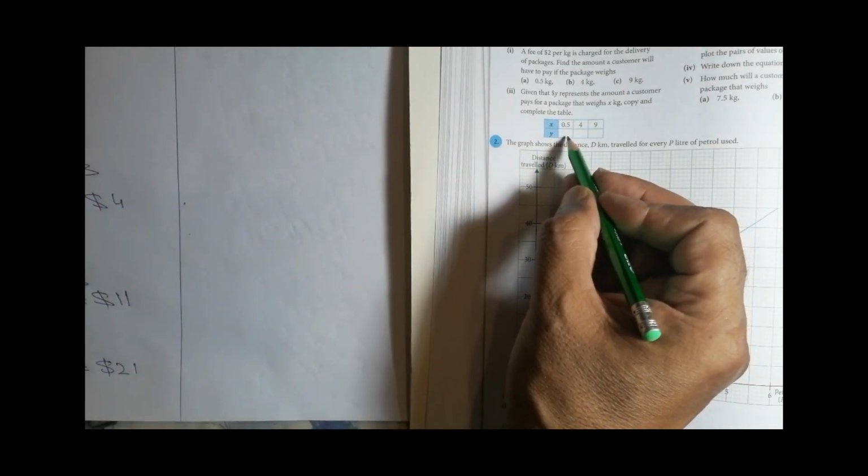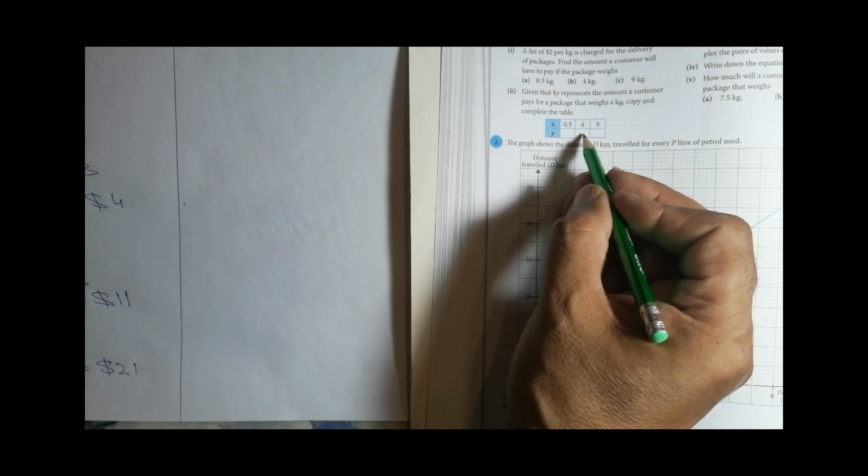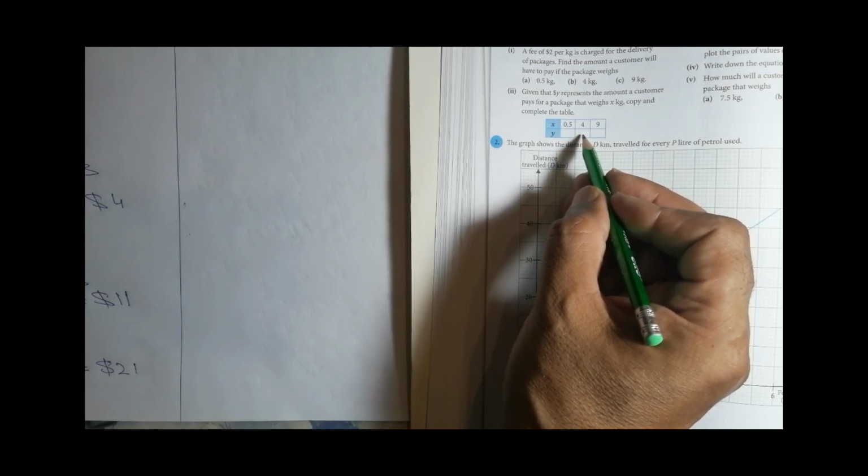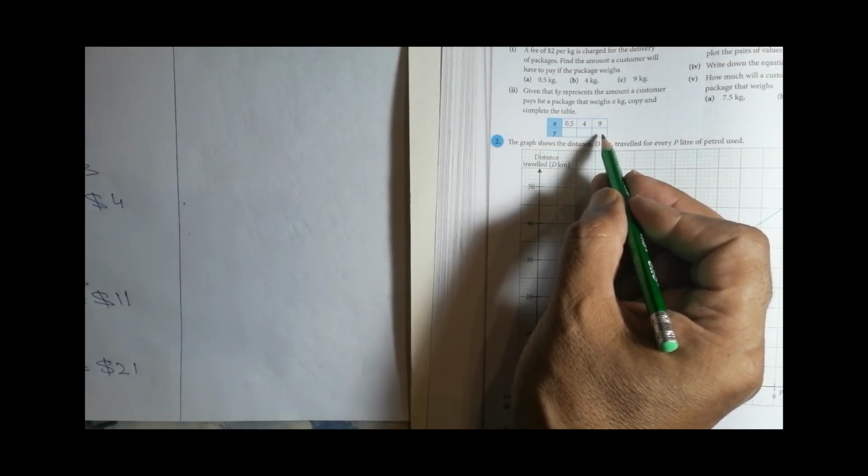So here against 0.5 we have already calculated, the answer is $4. For this column there will be $11. And for part C, 9 2s are 18 plus 3, 21. So this will be 21. Same answers we calculated above, we need to put the values in the table.